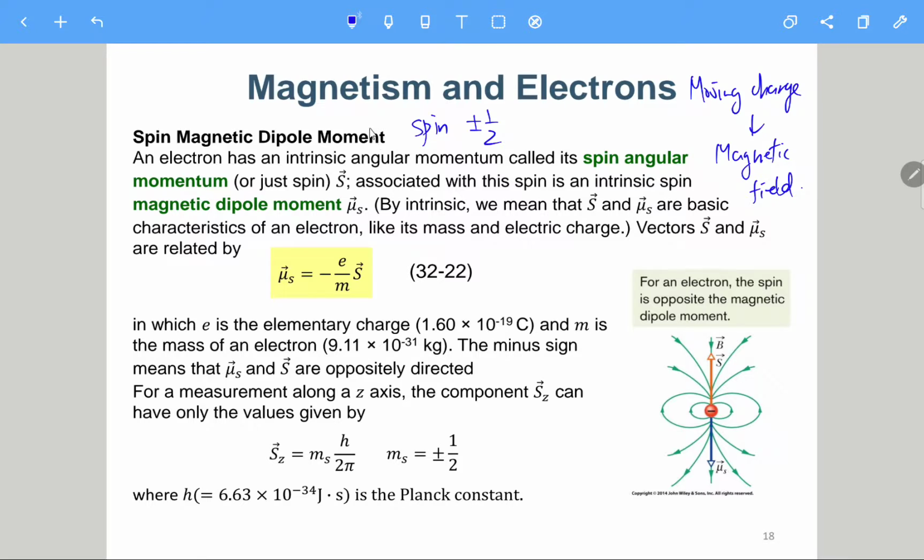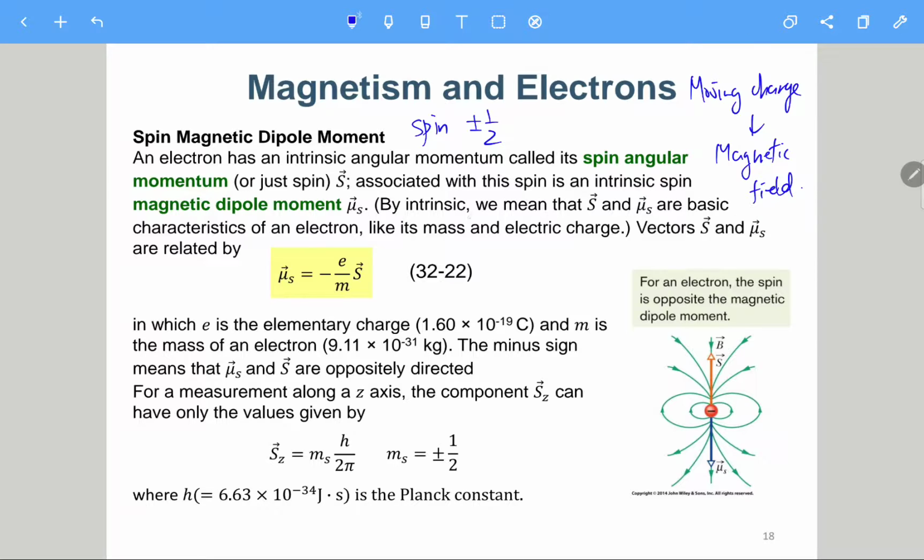This means that as long as the electron is spinning, it already generates a magnetic dipole moment. By intrinsic, it means that S and mu S are basically characteristic of an electron.